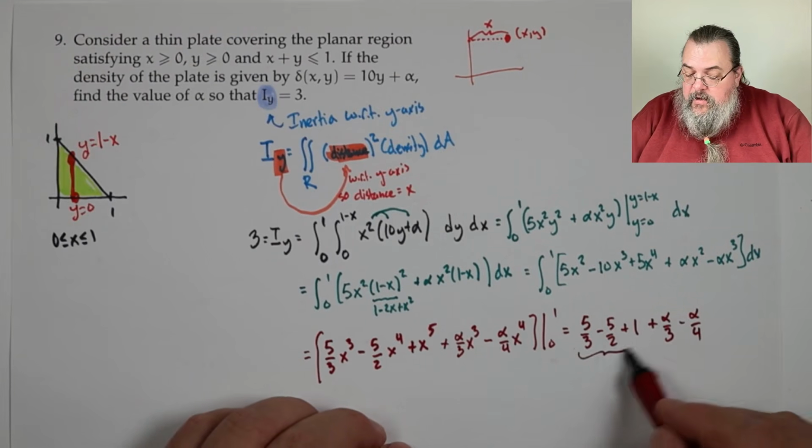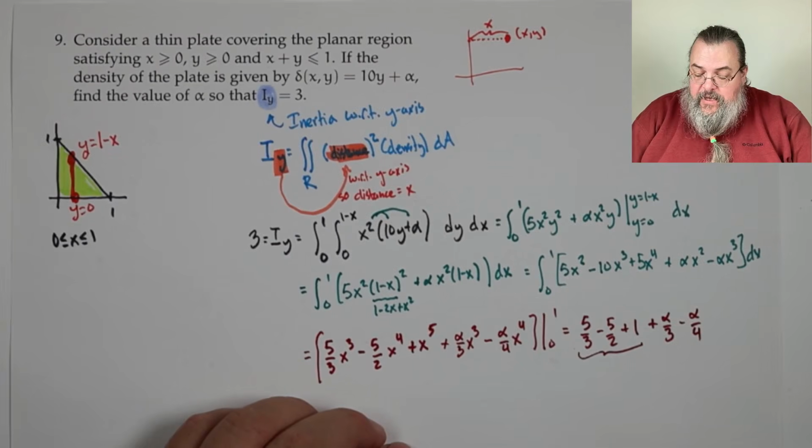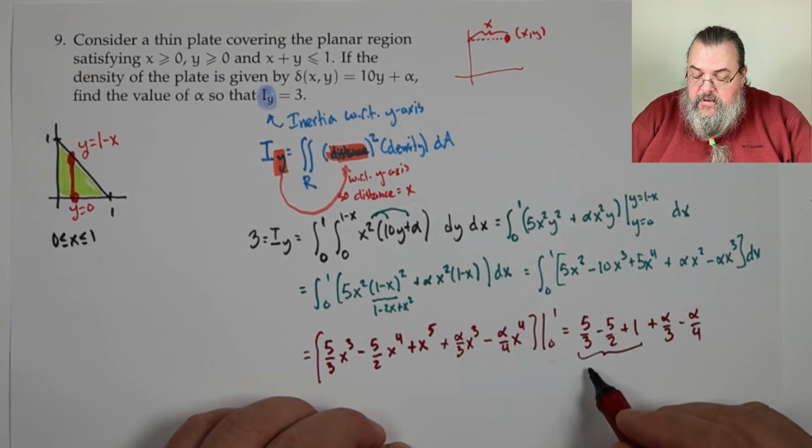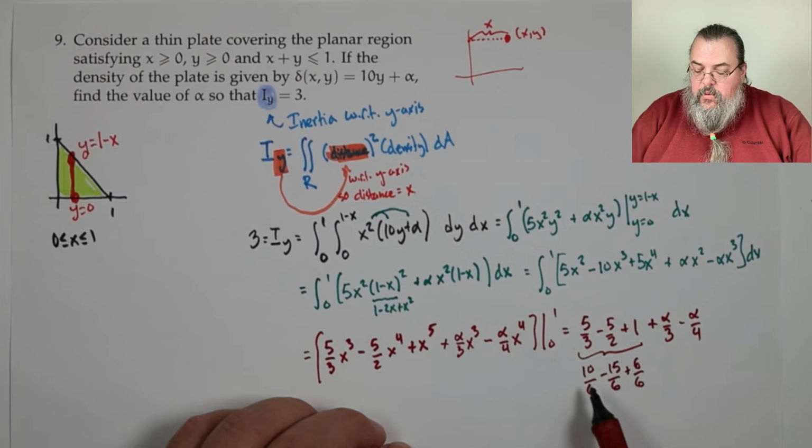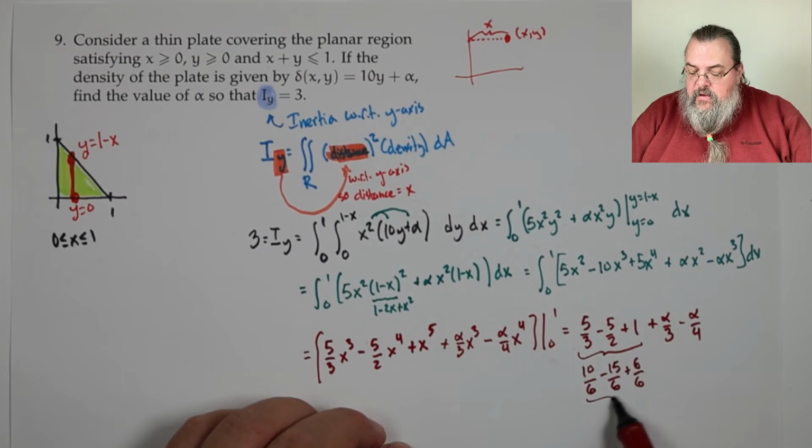Okay, so let's start with this first group, the ones without the alphas. The common denominator would be 6, so that's 10 over 6 minus 15 over 6 plus 6 over 6. Or that's 16 minus 15 over 6, which is 1 over 6.